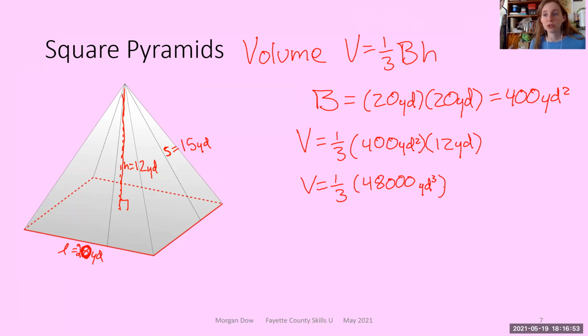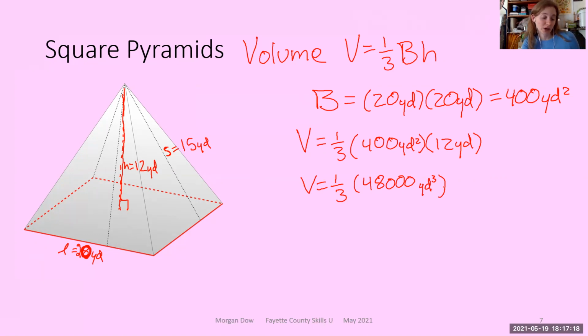We can apply that to any fraction in general where the numerator, the number on top, is 1. So like 1/2 or 1/3 or 1/4. We just divide by the denominator. So to find a half, you divide by 2. To find a third of something, you divide by 3. So 4,800 divided by 3.